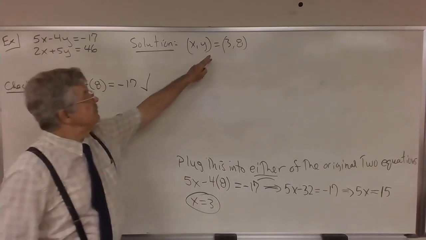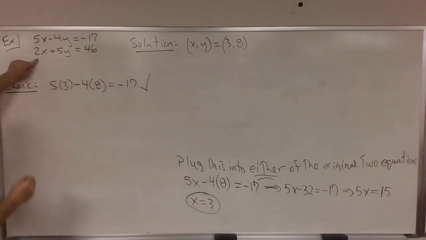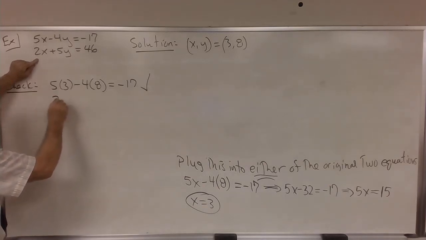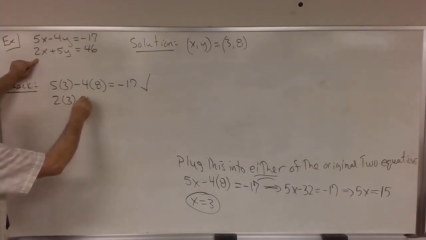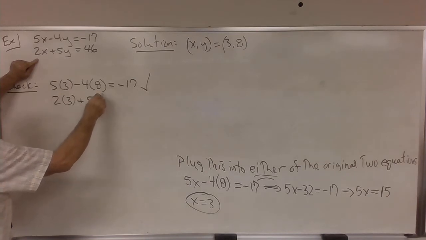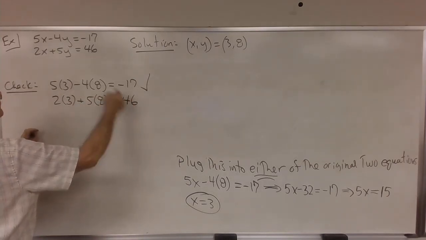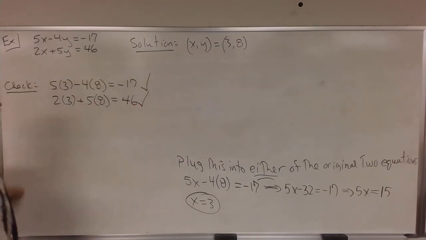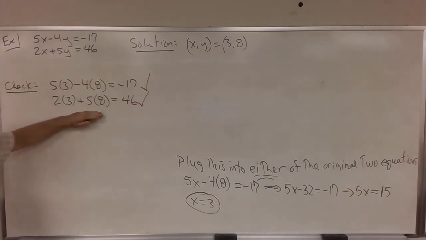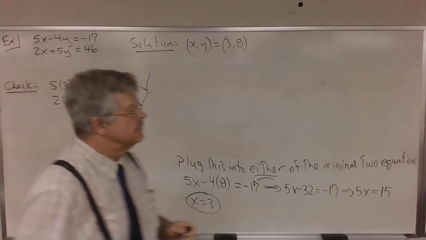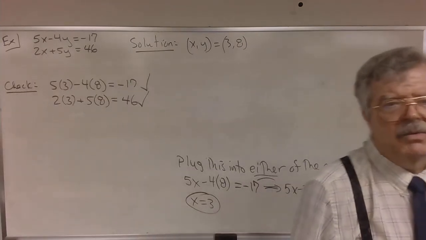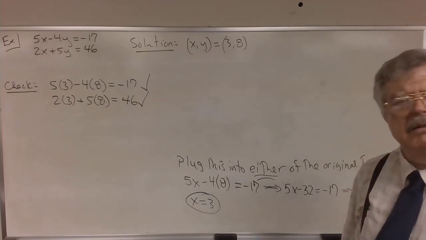Now we've got to plug this into the second equation, 2x plus 5y. So 6 plus 40 is 46, check. Okay, now I'm sure we're right. We checked our answer. Well, that worked out rather well.